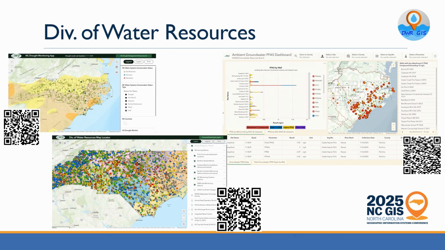Another one of our divisions is Water Resources, and a couple of their apps we wanted to highlight. One is their map locator tool, which is kind of a general map of their different facilities. Another is, I think it's the dashboard on the right-hand side, the groundwater PFAS reporting dashboard. So perfluorinated compounds are in the news now, thinking about Chemours and different places, but they're showing up all across our state.